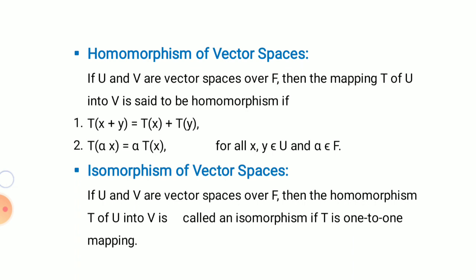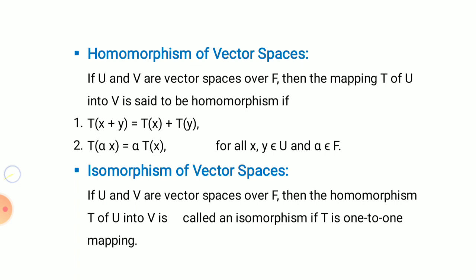That means in general, if U and V are two vector spaces and T is a mapping from U into V satisfying T of x plus y is equal to T of x plus T of y, T of alpha x is equal to alpha T x, and T is one-to-one mapping, then T is called an isomorphism from U to V. Okay, that means isomorphism is nothing but homomorphism satisfying one more condition, that it must be one-to-one mapping.